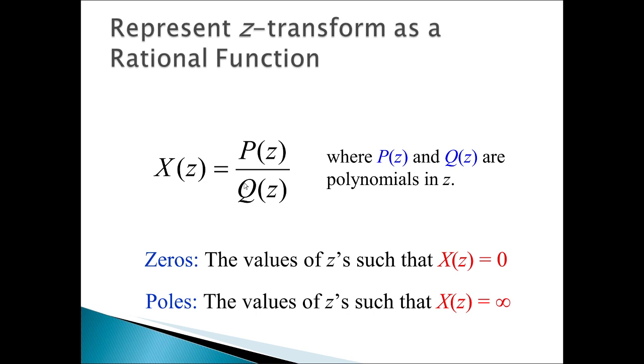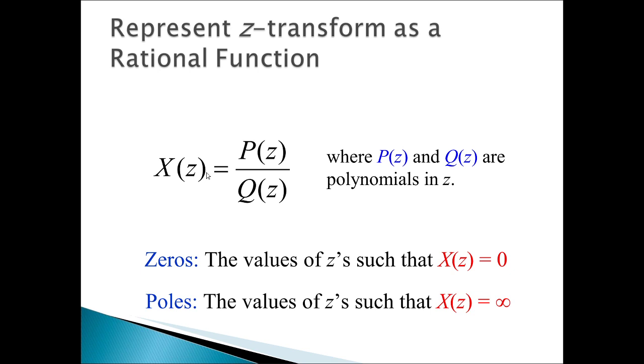If we have X of z is equal to P of z by Q of z, where P of z and Q of z are polynomials in z, then zeros are the values of z such that X of z is equal to 0.